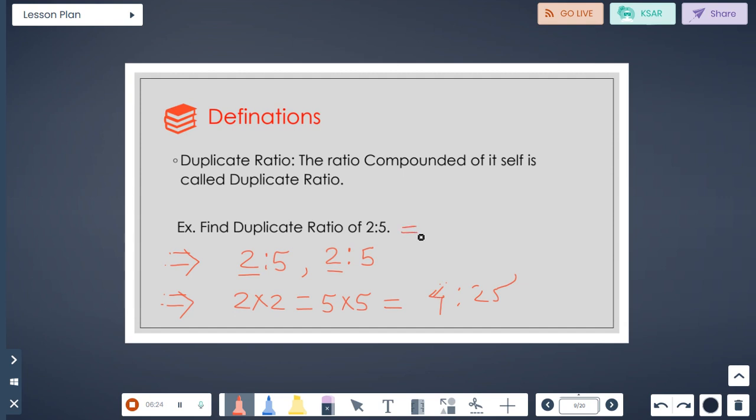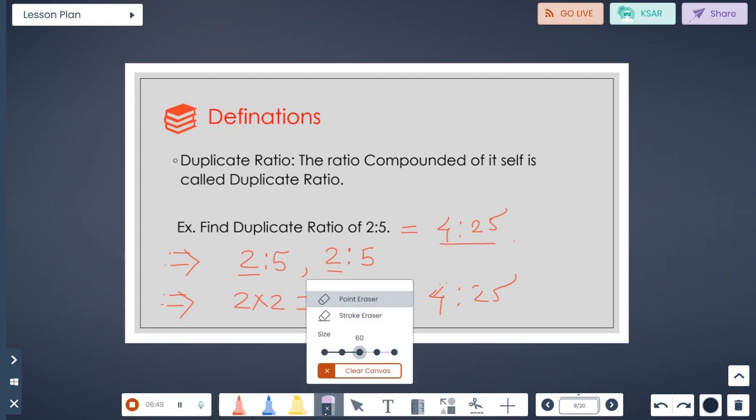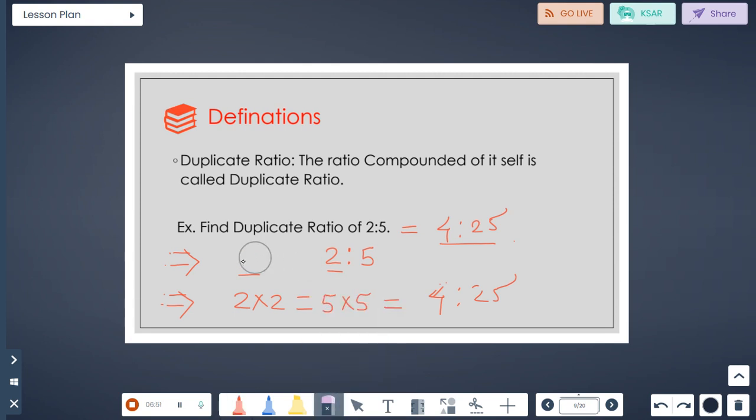So the duplicate ratio of 2:5 is 4:25. When we have to find the duplicate ratio, simply we multiply the ratio by itself, or we find the square of that ratio.